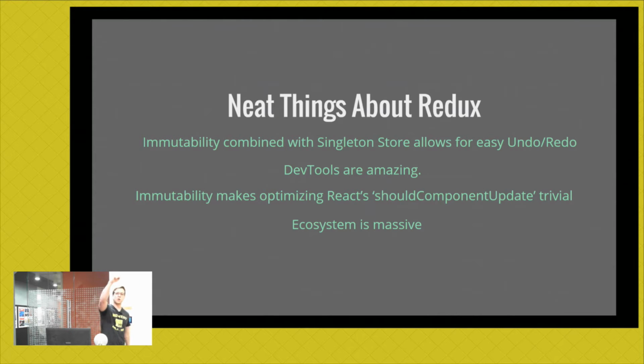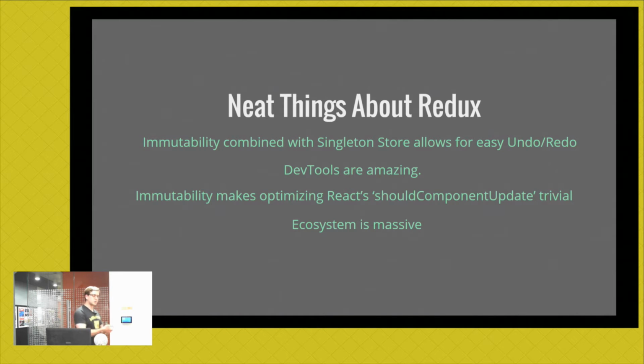And if we say this one component should not update, its children will not update either. So it's a way to stop re-rendering of any given component, which will speed up React's performance. And with immutability, it's very easy to make a simple check between did this change or did not change.